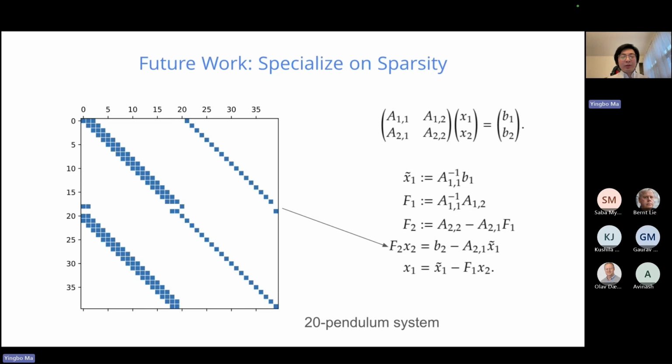And currently, we are not doing anything special when we are solving the F2 non-trivial subsystem. However, in practice, I have observed that most multi-body systems still have a sparse F2 matrix. For instance, with a 20 pendulum system, we get a matrix with this particular sparsity.